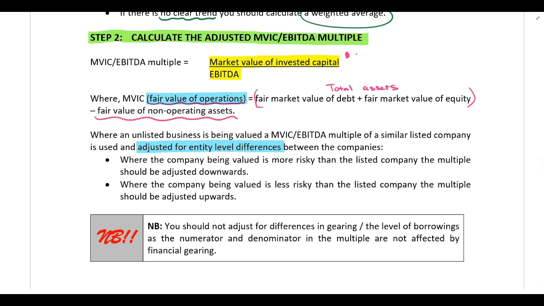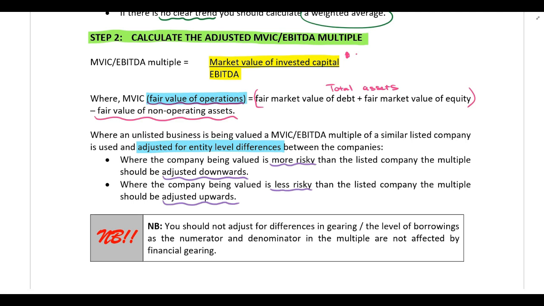If the company that we are valuing is more risky, then the value should drop. So if we want the value to drop, we need to adjust the multiple downwards. If the company that we are valuing is less risky, then the company value should increase. And if we want the value to increase, that means the multiple needs to be adjusted upwards.